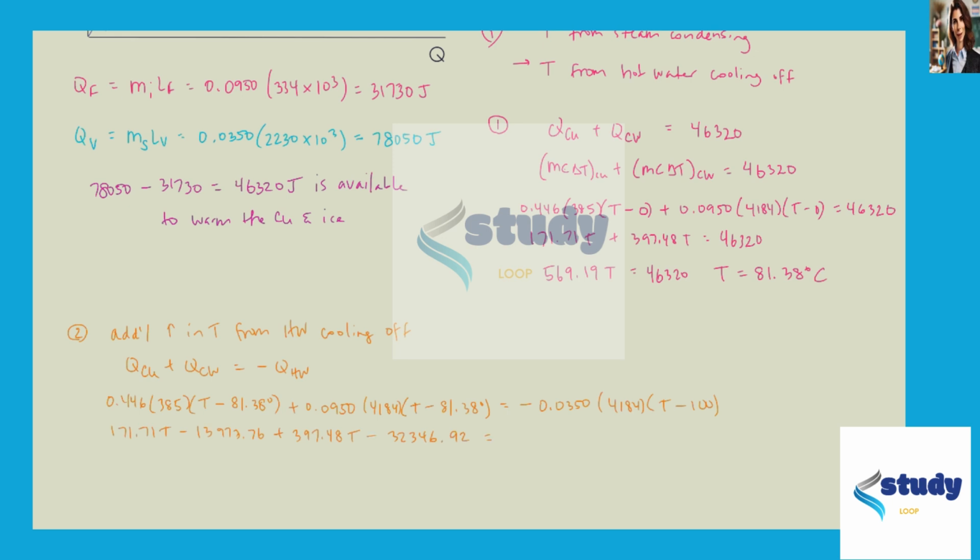And that's going to be equal to negative 146.44 T plus 14,644. And now let's combine our like terms.